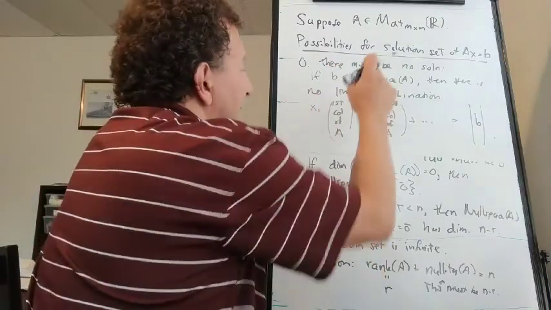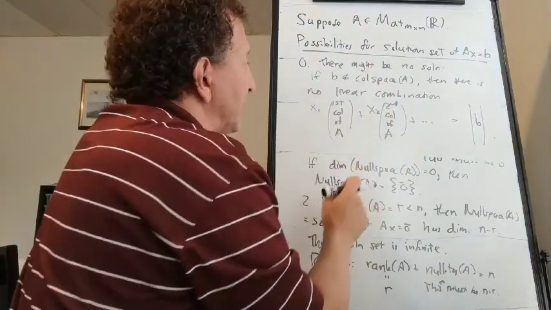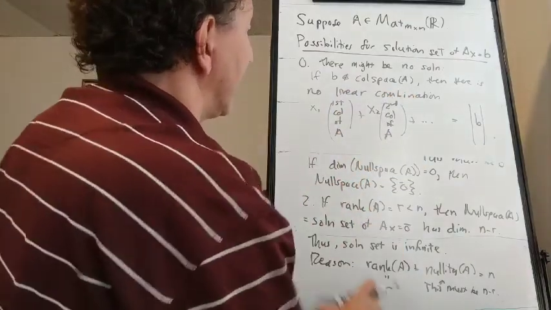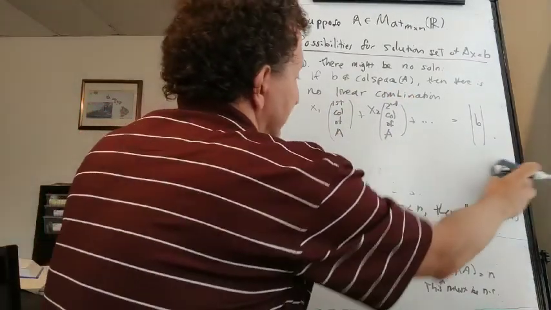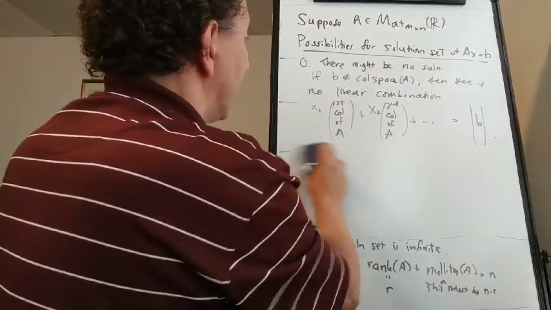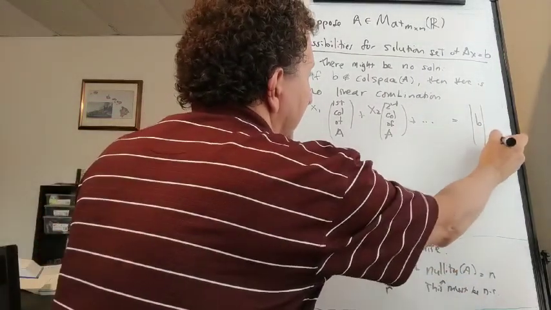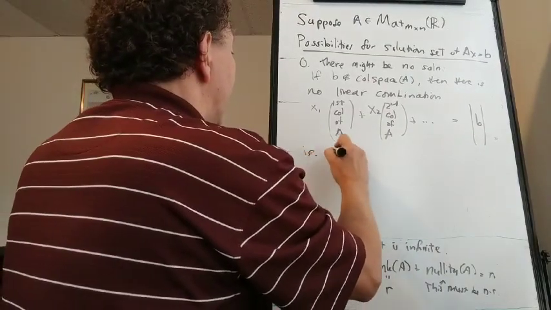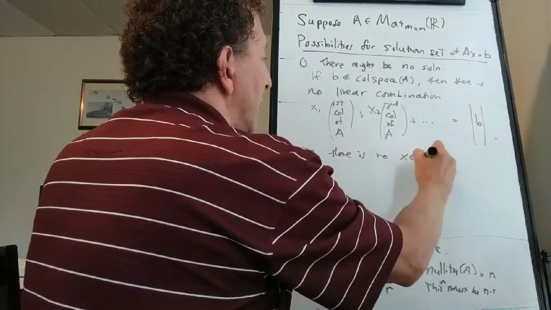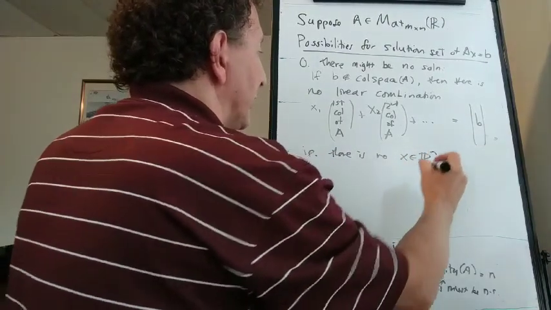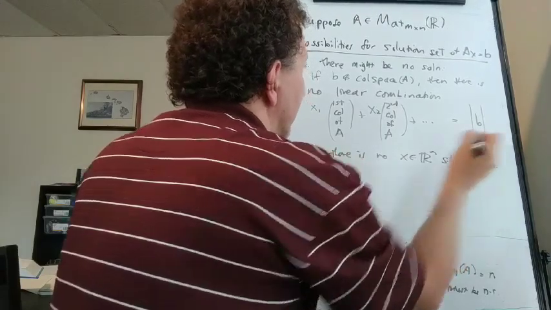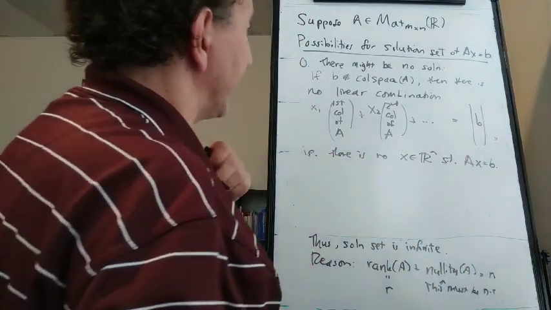What it means for b to be in the column space is that there is some linear combination. But x1 times first column plus x2 times second column, that's just A times x. So there's no vector of real numbers x such that Ax equals b. So that's what happens if b is not in the column space.